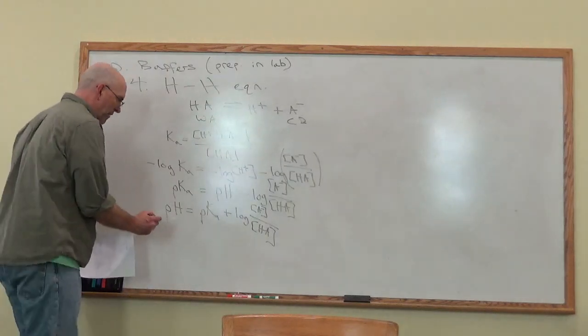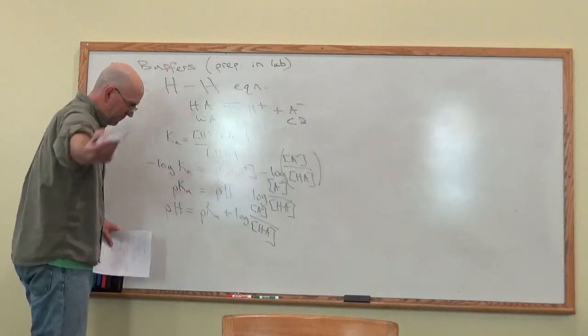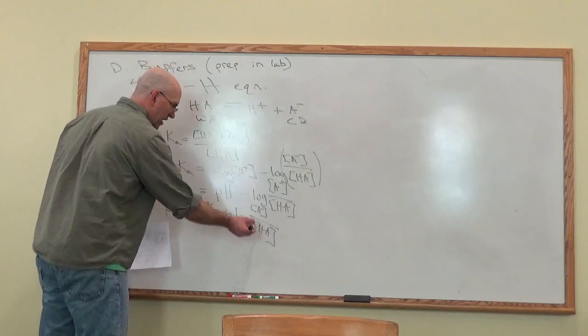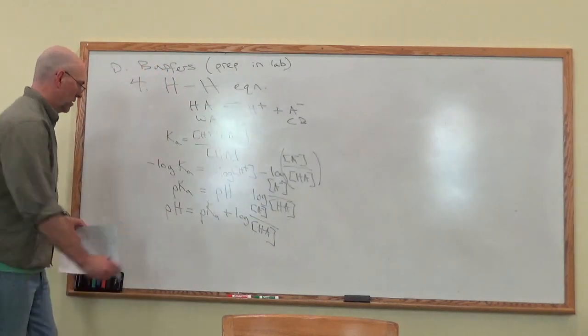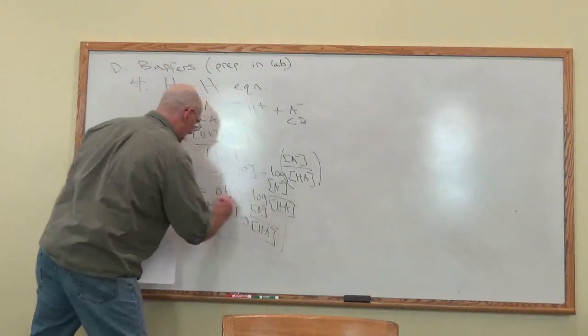So the pH of a buffer solution is the pKa from a table plus the log of the ratio of the concentrations. That's called the Henderson-Hasselbalch equation.